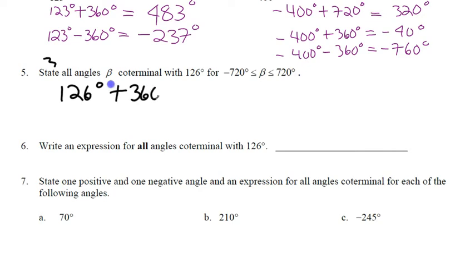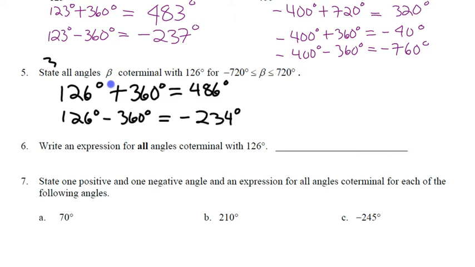What's 126 degrees plus 360? 486. If I add 360 to that, we'll be over 720, so we don't need to go any further. What's 126 degrees minus 360 degrees? Negative 234.